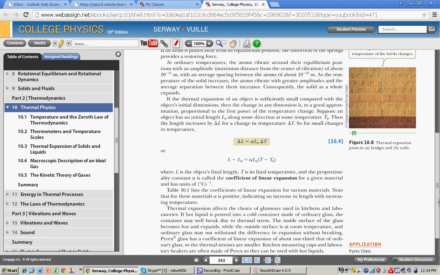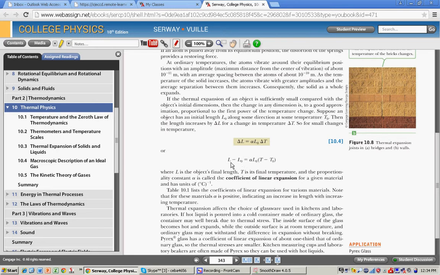It's not going to be just 1 meter, but it's going to be 1 meter plus some fractions of a millimeter, depending on how much you warm it up. And the ability of a material to expand depends on what that material is made of.